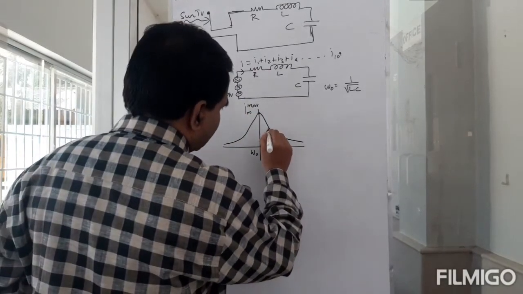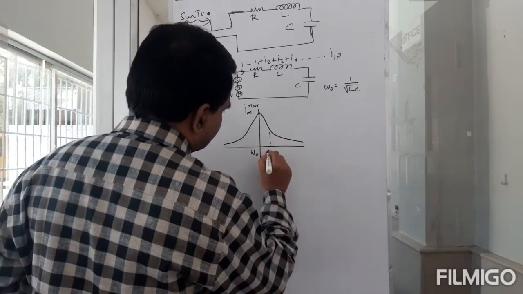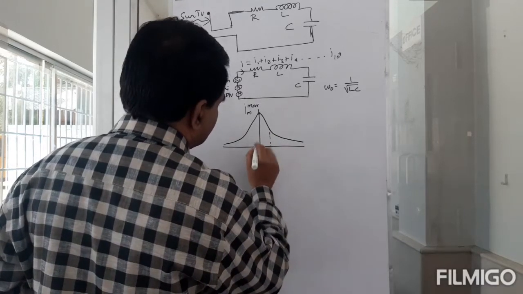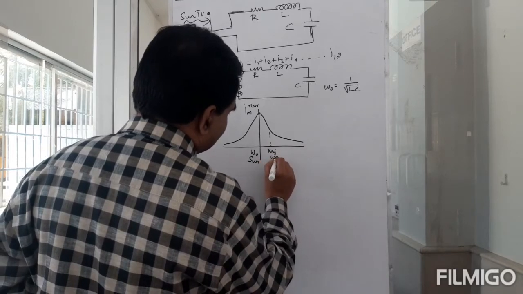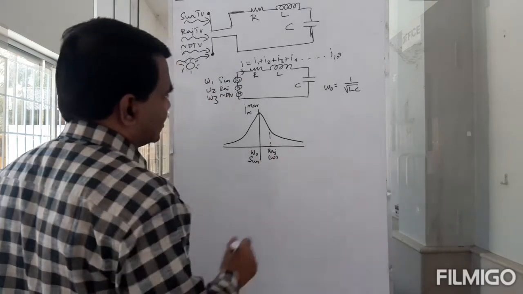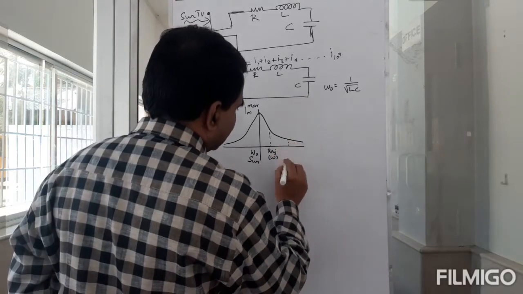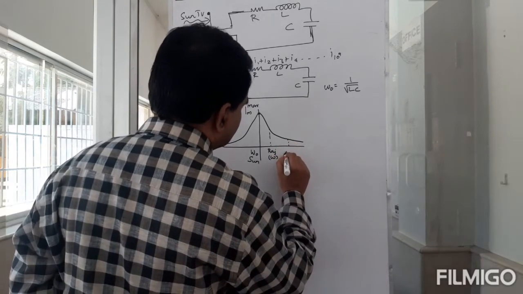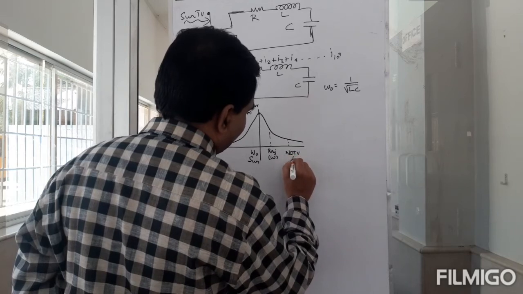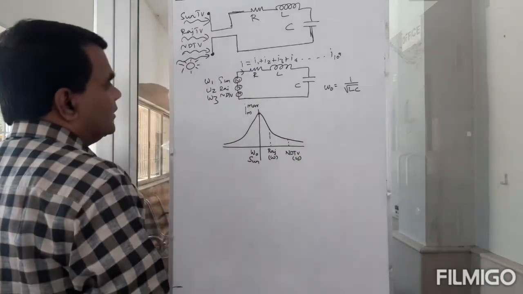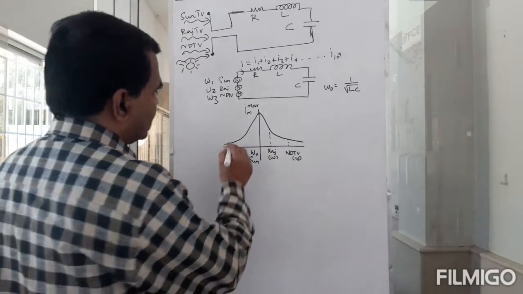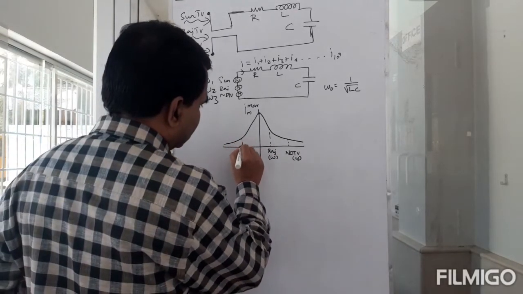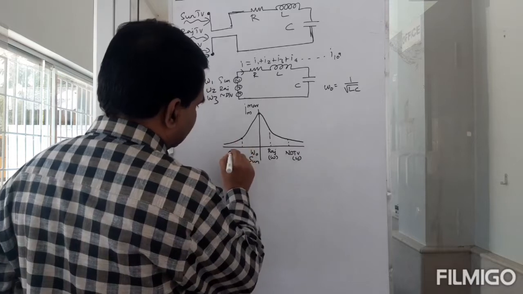And suppose this is the frequency of Raj TV. This is Sun, this is Raj, omega Raj. And this could be NDTV omega, or this could be even DD, Doordarshan.